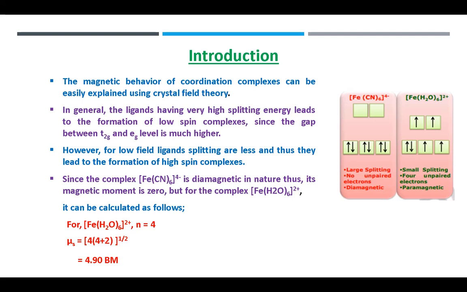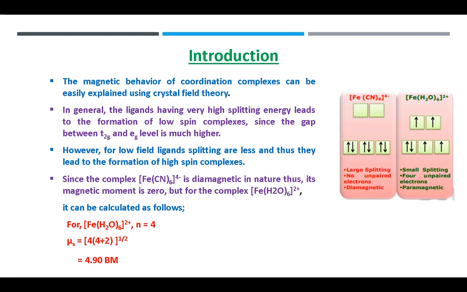So, mu s is equal to the square root of 4 into 4 plus 2, which becomes 4.9 Bohr magneton. The observed mu effective for the high spin complexes of iron 2 plus is 5.10 to 5.70 Bohr magneton, which is very close to the spin-only magnetic moment.